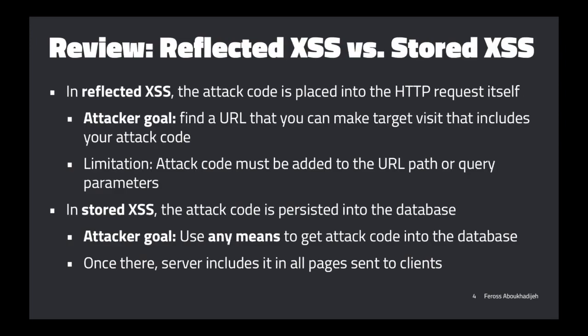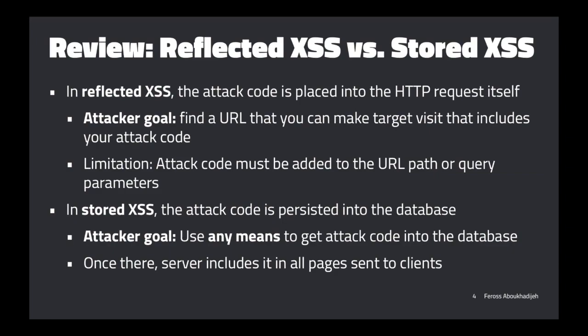OK, so we also talked about there were two kinds of cross-site scripting, reflected and stored. So remember, reflected is a bit less powerful in the sense that we're only able to manipulate a URL. And if the attacker manipulates the URL in some way, they might be able to get the server to reflect back some piece of data that was in that URL in a way that it's treated as code by the end user's browser.